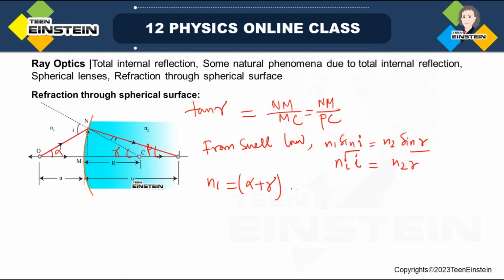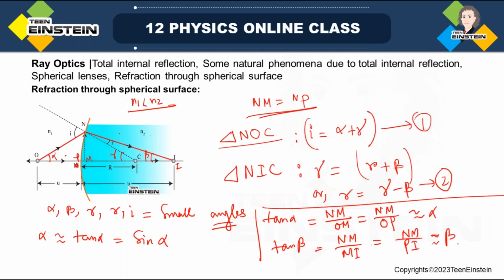Alpha plus gamma, and N2 was, sorry, this is I. I is equal to R plus alpha, and R is equal to gamma minus beta. I think this is the case we have written already. Gamma minus beta, yes.